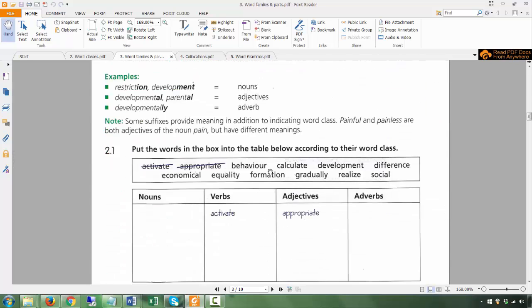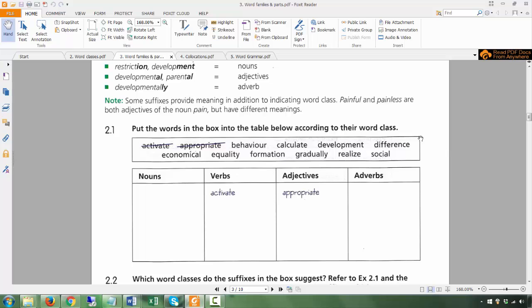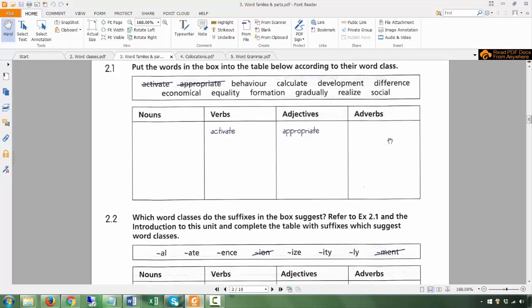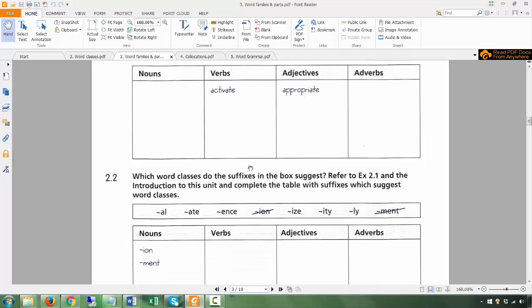Second, here there are various words. Put these words in the correct place under nouns, verbs, adjectives, or adverbs. And then through what you've done here, if you're correct, you can see that, for example, activate has the suffix ate, which is the letters that come behind the word.